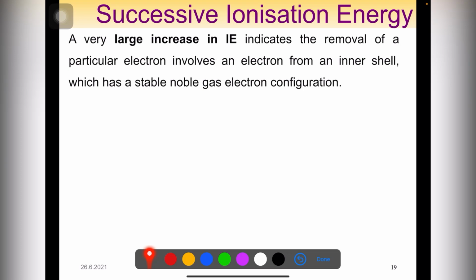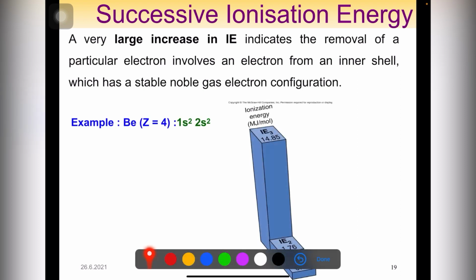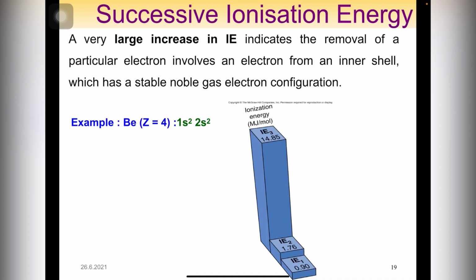A very large increase in ionization energy indicates the removal of an electron from the inner shell, which has a stable noble gas electron configuration. For example, beryllium. From this diagram or figure, you can see that to remove the third electron, it needs more energy compared to the second electron and first electron.